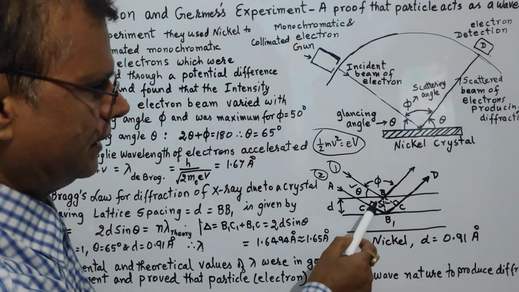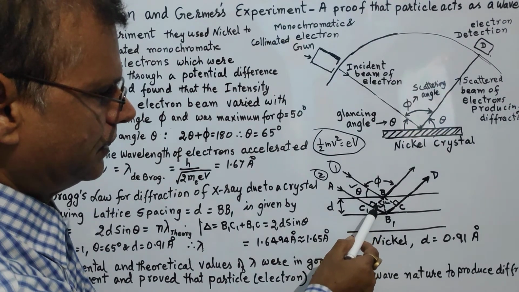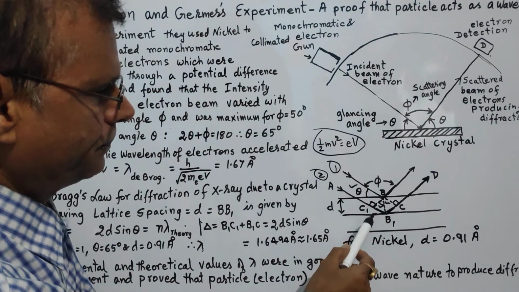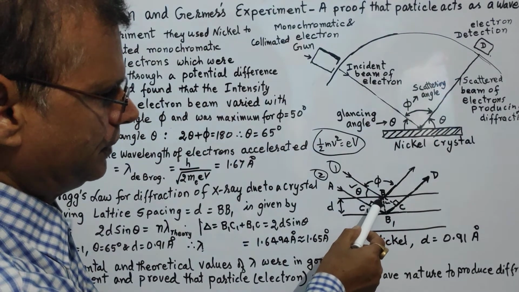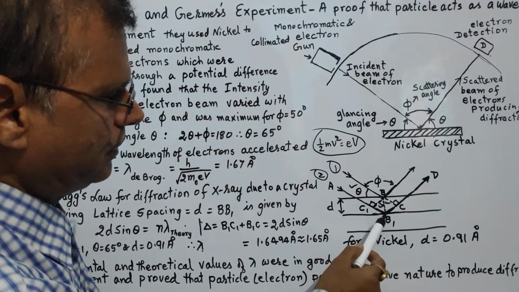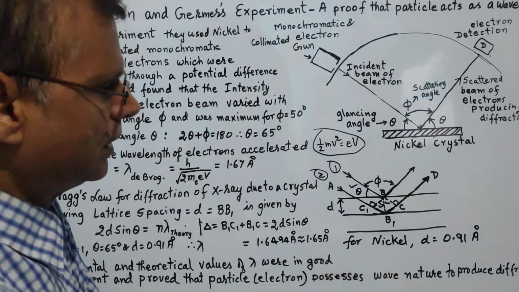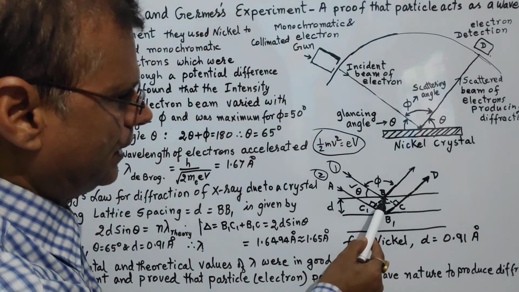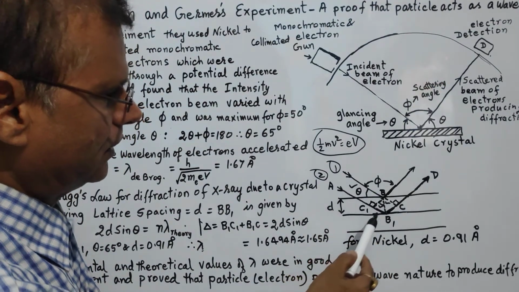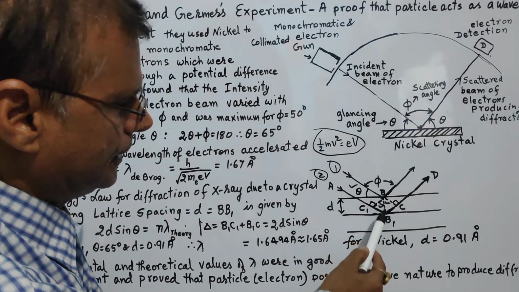So from this right angle triangle BC1B1, where we have dropped a perpendicular on AB1 from point B, and that is BC1, if you find the value of C1B1, sin theta is equal to the perpendicular C1B1 divided by BB1, and BB1 is the lattice spacing d. So sin theta is equal to C1B1 by d.